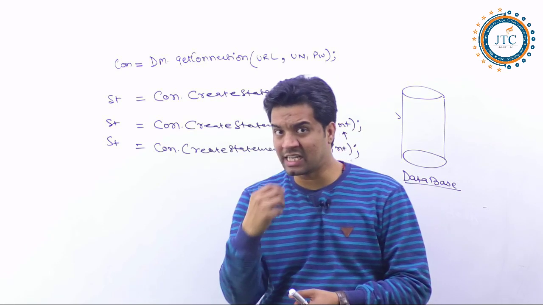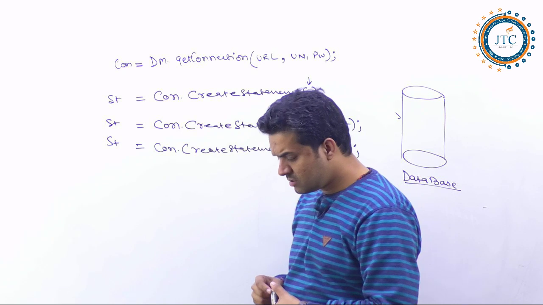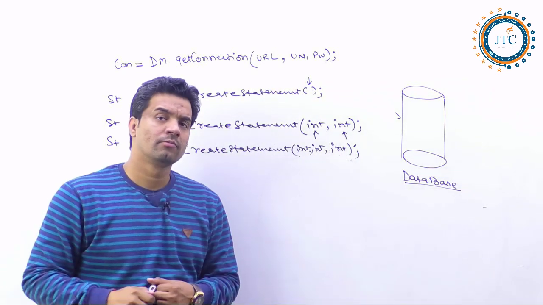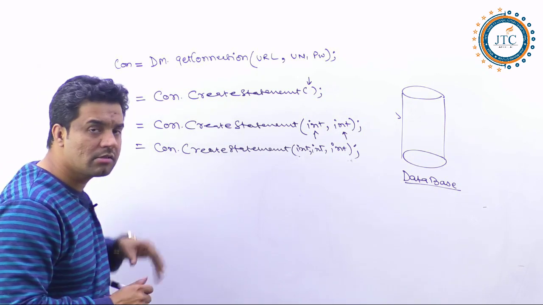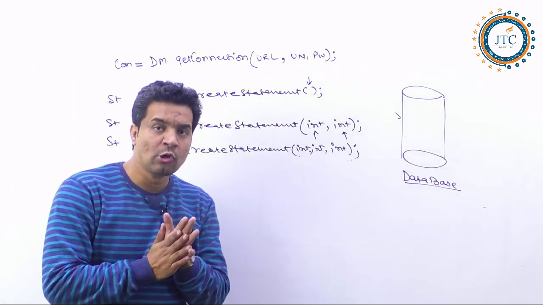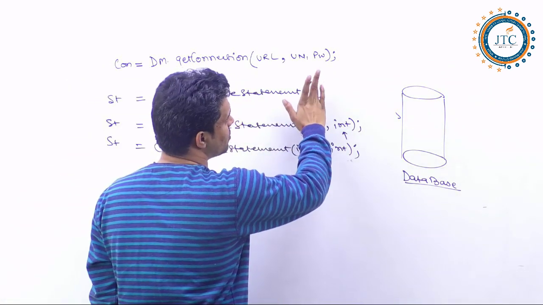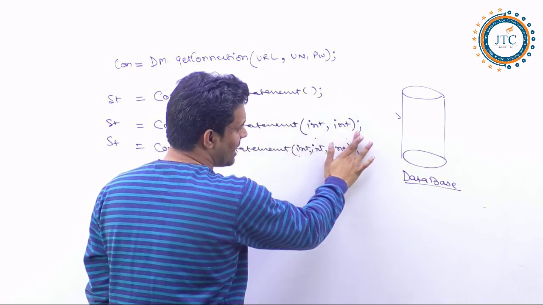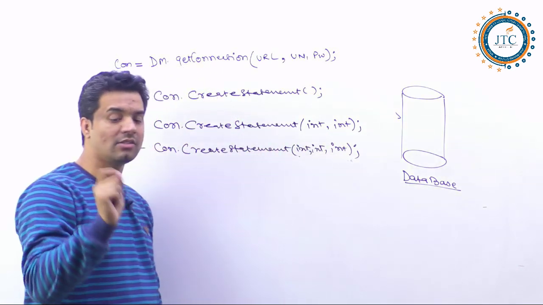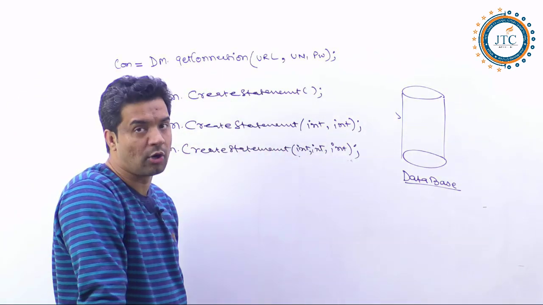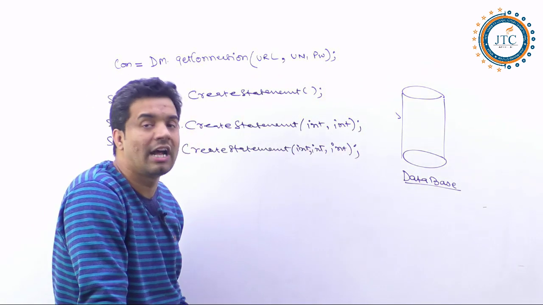So the question now is, in order to create this statement type of object, which one shall I use? Create statement without any parameter, create statement with parameters, or the one with three parameters? That is one important point here, right?